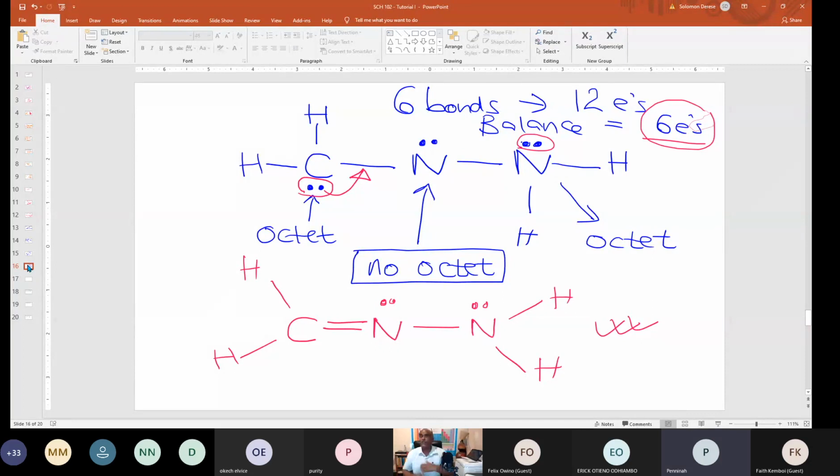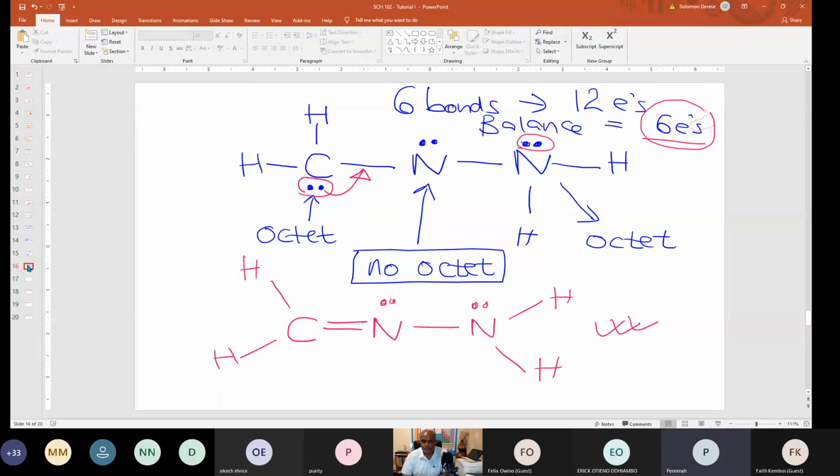If we had nothing left, we would not have put anything on the nitrogen, and we would now be worried how to fulfill the octet of that nitrogen. But we had some electrons left, so we can put them there. So when we are filling the non-bonded electrons, we start with the elements on the outer side.